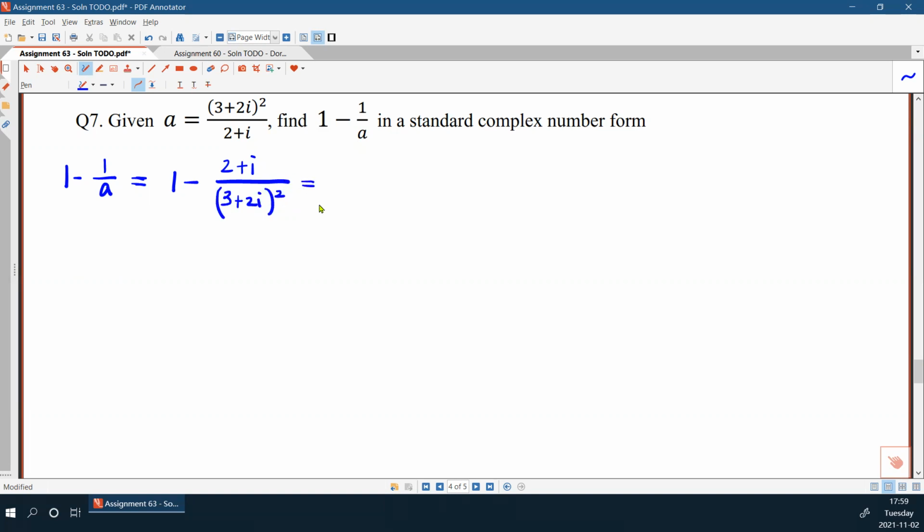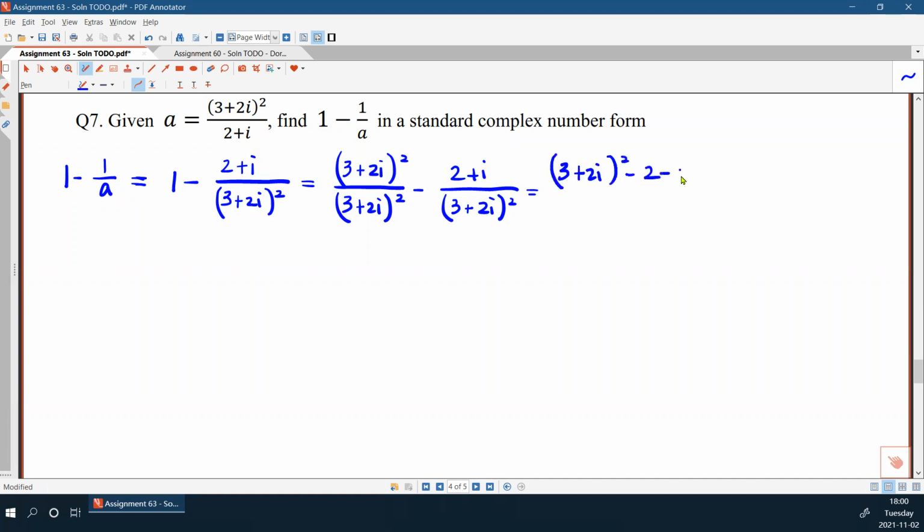And then we can write it using a common denominator, which is (3 plus 2i) squared, over (3 plus 2i) squared minus (2 plus i) over (3 plus 2i) squared. Okay, and then we can combine the numerator, which is (3 plus 2i) squared minus 2 minus i.